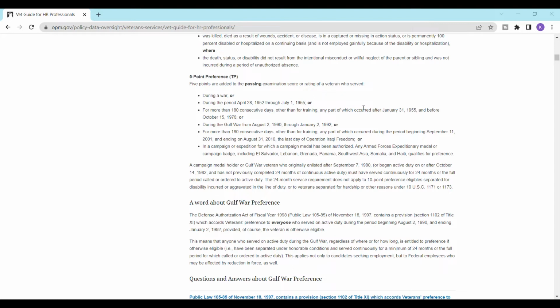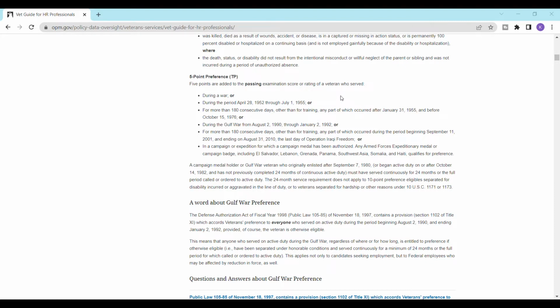You get a score for answering those, and when you have a 5-point veterans preference with TP, that adds 5 points to that score. So if the score is being used to differentiate people between best qualified, well qualified, minimally qualified, it's going to give you 5 extra points towards that. The same thing with CP and CPS being a 10-point preference, it adds 10 points to that score.